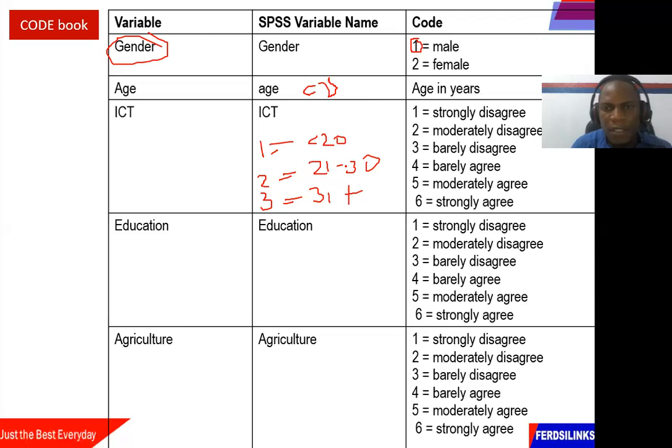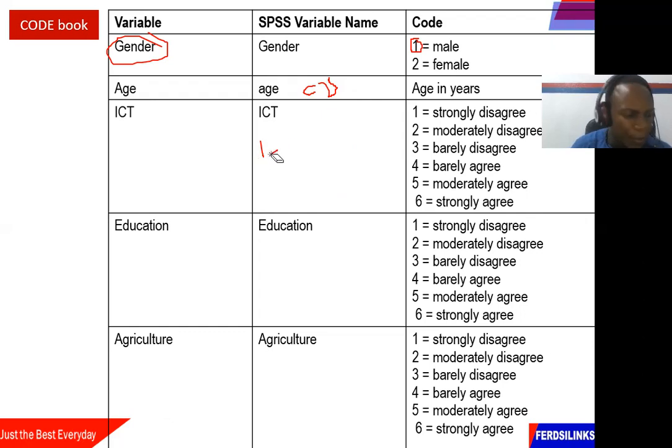Now, once this has been done, you have to do the same for the other variables that we have. In this case, we basically have the variables education, ICT, and agriculture.